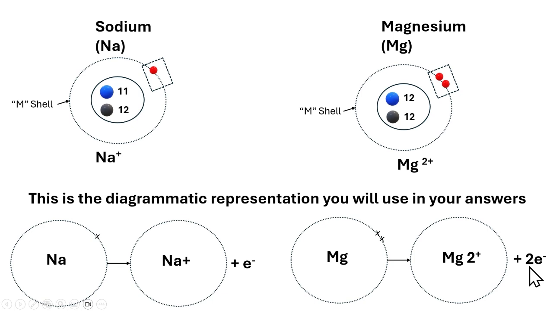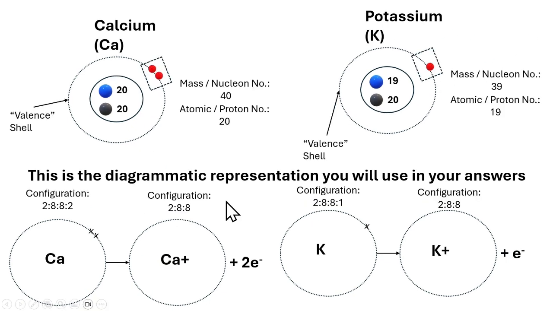Now we come to formation of calcium 2 positive and potassium positive ions. Calcium has mass number 40 and atomic number 20. Calcium configuration is 2, 8, 8 and 2. It has 2 valence electrons. Now when it loses 2 electrons, it becomes 2, 8 and 8.